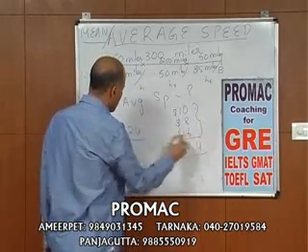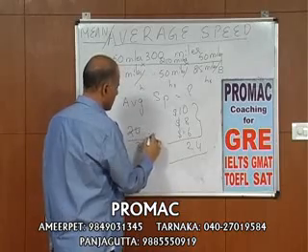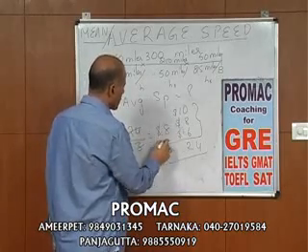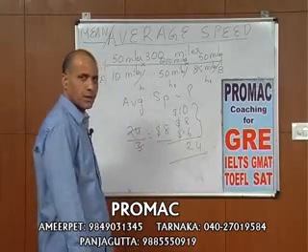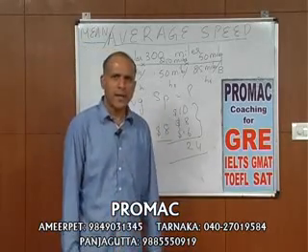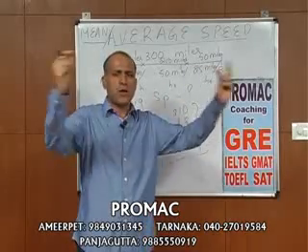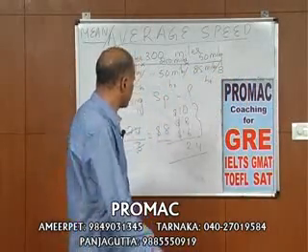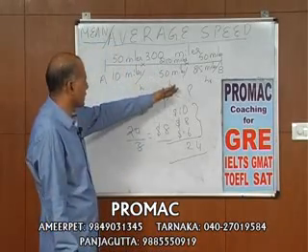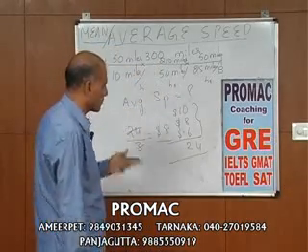Divide by the number of observations 3. So the mean amount of money that the 3 of you have is $8. How do we calculate mean? Sum of all observations divided by number of observations. Most students remember this. They follow the same thing.